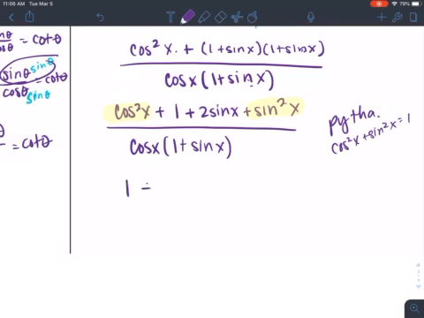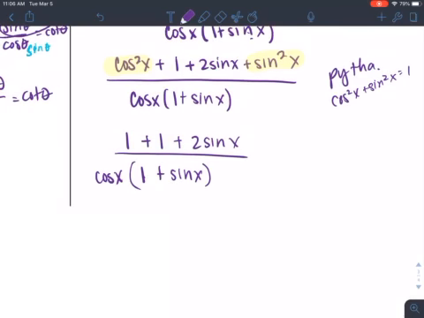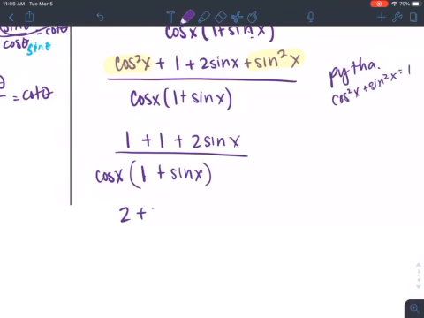So 1 plus 2 sine x over 1 plus sine x times cosine of x. Okay, so now I have 2 plus 2 sine x over cosine x times 1 plus sine x.